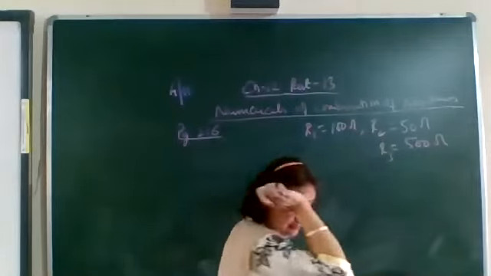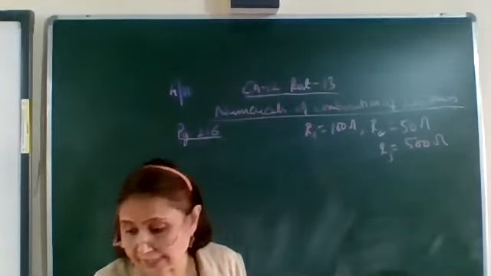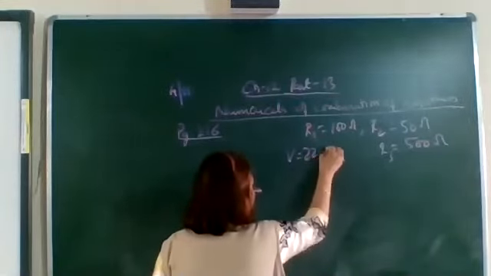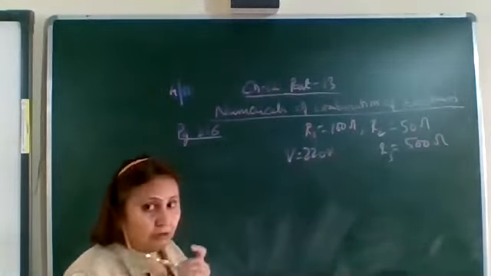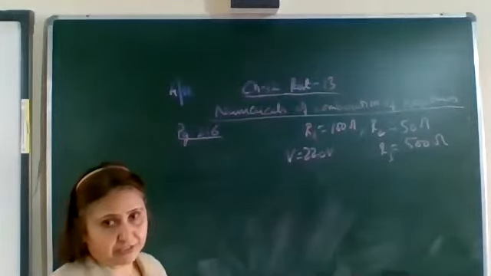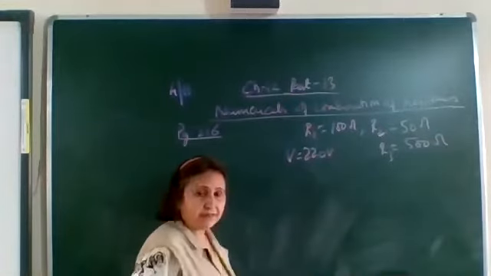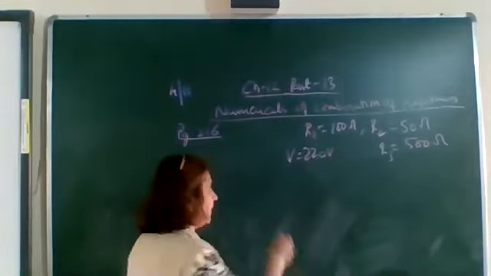All 3 are connected in parallel to a source voltage V is equal to 220 volts. Given that V is equal to 220 volts. First let's find out the equivalent resistance, because that will be required over here. Now let's find out the equivalent resistance as all 3 are connected in parallel.